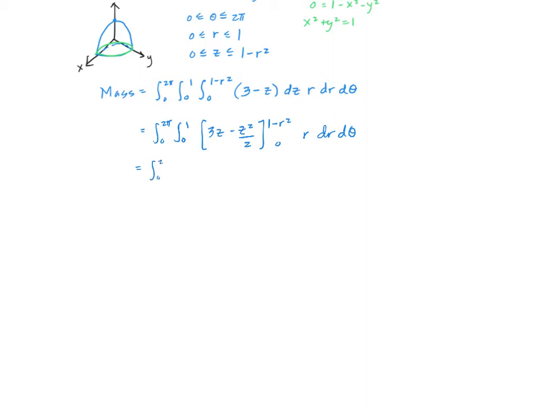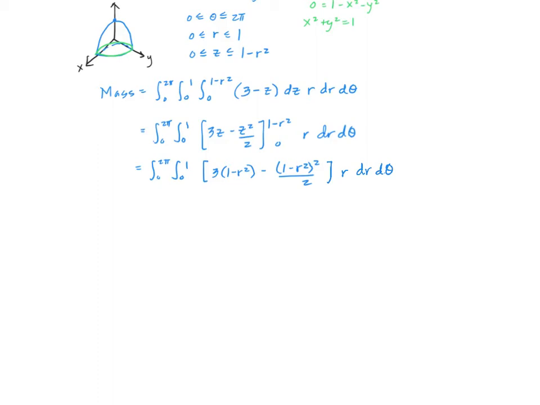This is going to be 3 times, I'll keep it in a bracket, 1 minus r squared minus 1 minus r squared, squared, over 2. And then when I put in 0 for z, that goes away. And we have an r dr d theta.